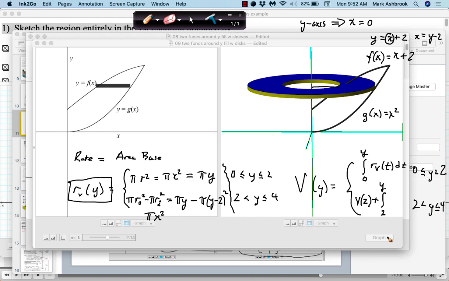It's a function, right? I want every y along the way. 2 to y of what? R sub v of t dt. And how will it know to pick this rate function? Because y is between 2 and 4, and when y is between 2 and 4, you pick this rate function. That's what this rate function says.